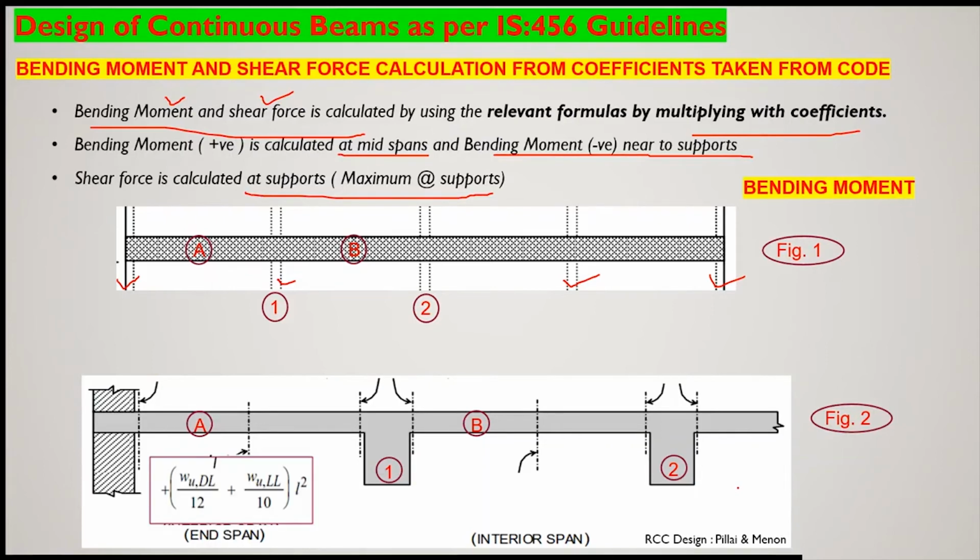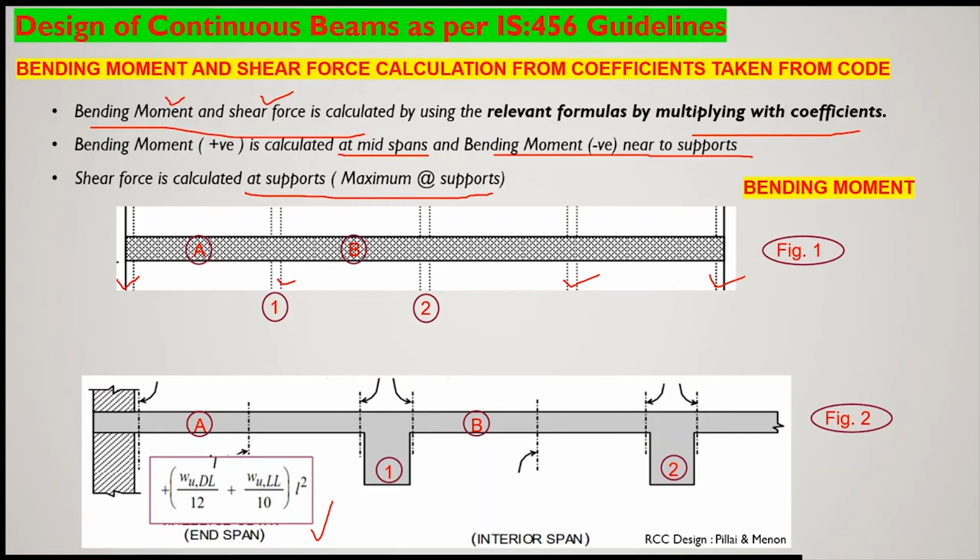Now look carefully. What you observe here, WU for ultimate load, that means dead load. This is the middle of the end span. When you go through table number 12, you will find the coefficients 1 by 16 and 1 by 12: 1 by 16 for dead load and 1 by 12 for live load or imposed load.